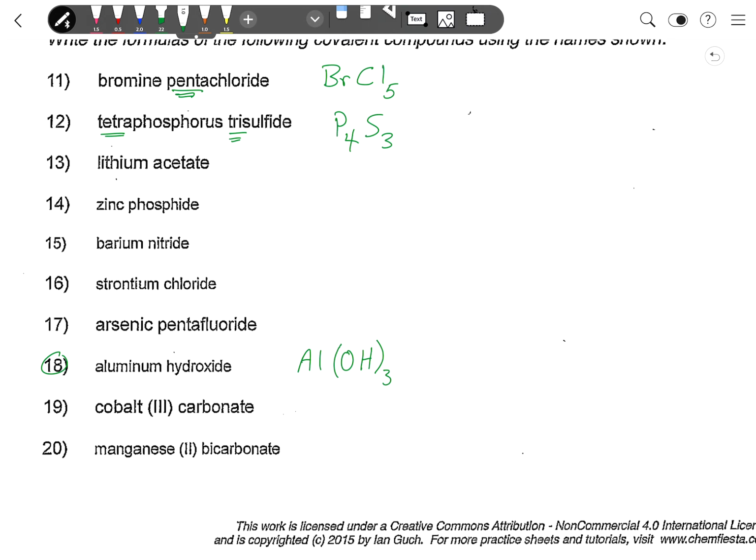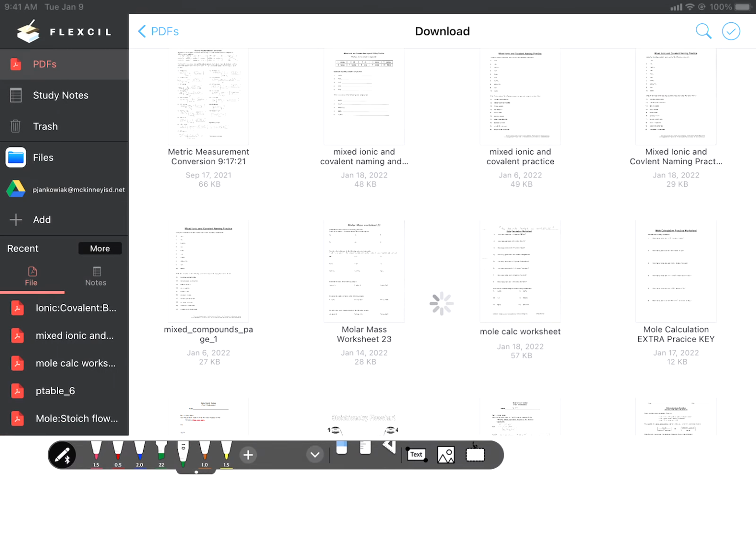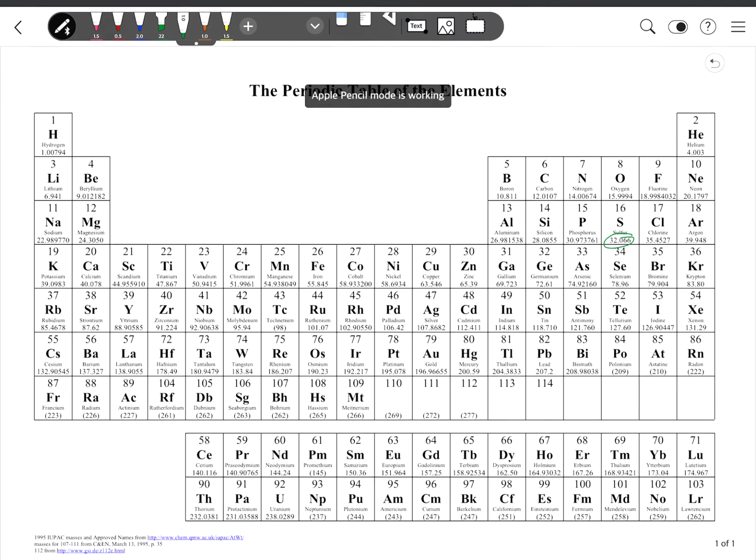So making sure that with ionic compounds, you know what those charges above each group are. And if you need a little more practice with that, I can show you very quickly what those charges are if we go over to our periodic table.